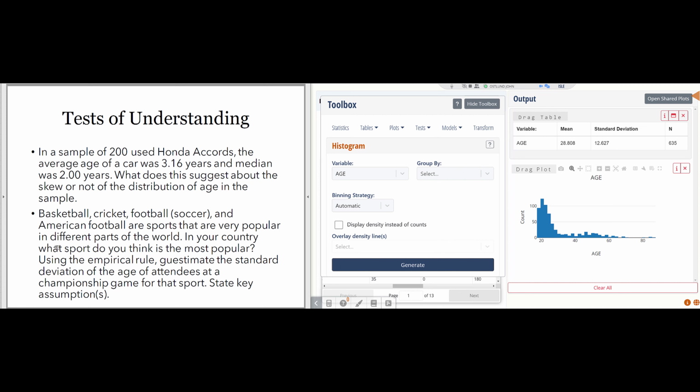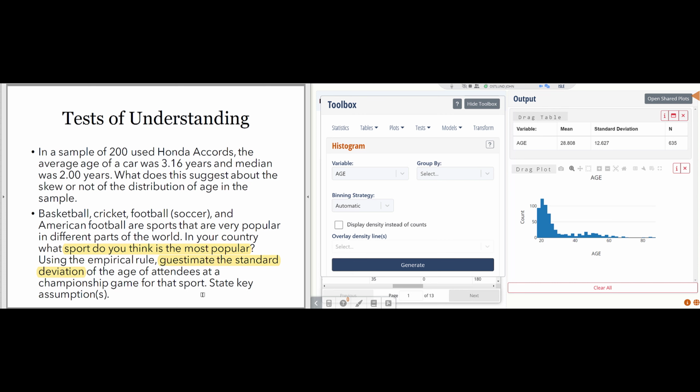So what sport do you think in your country is the most popular sport? Can you guesstimate the standard deviation of the ages of people at the championship game for your sport using this so-called empirical rule?